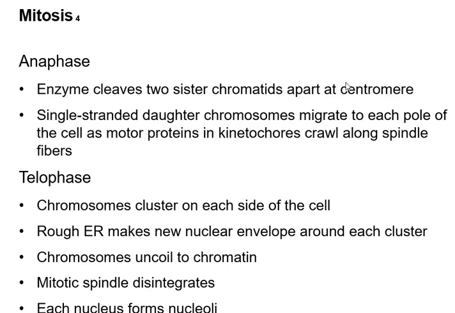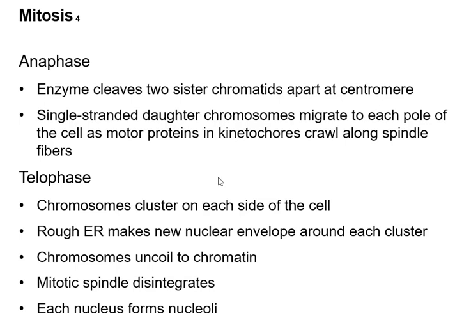From the time the DNA condenses from chromatin into chromosomes, we're going to call each of the daughter strands of DNA, or sister, we're going to call them chromatids, because they're held together at the centromere. So it's kind of like somebody's velcroed them together.